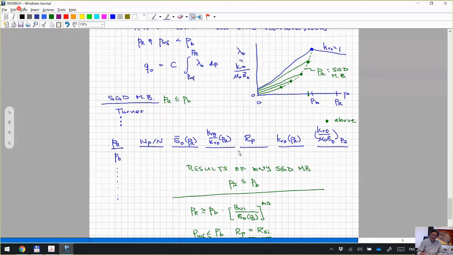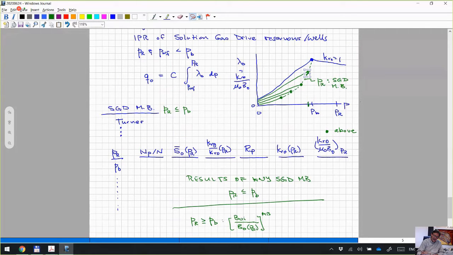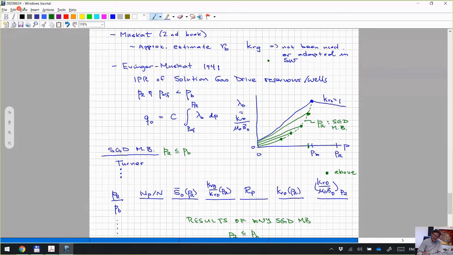So the material balance gives this point here, but then this paper in 1941, Evinger-Muscat, gave these lines. Okay, so the Evinger-Muscat basically gave a method to come up with the oil mobility between PWF and P average, which was less than or equal to the bubble point.